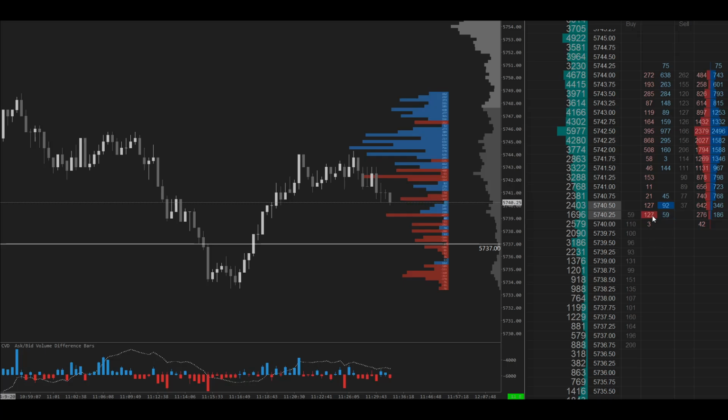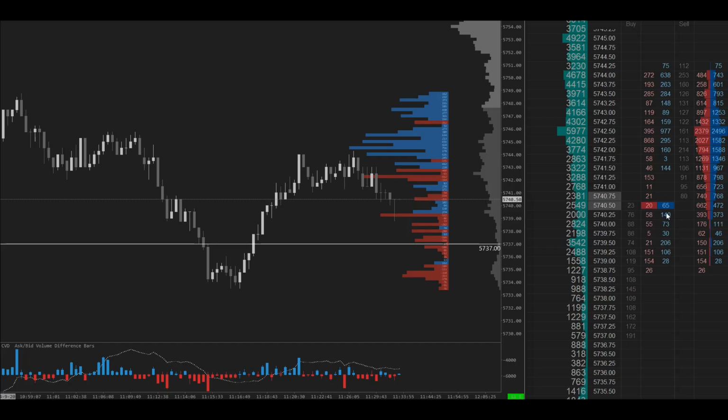You can see some aggression at the lows. Saw buyers too. Okay, so we want to see what they do here. They're absorbing. See that? And then they're aggressively trying to take it back up there.